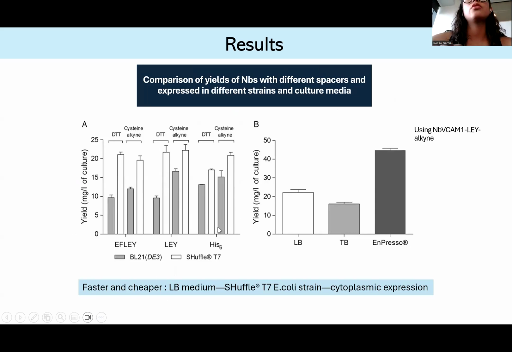And they chose to do the different media with the LAY spacer, but as you can see, the highest yield is with the Overnight Express media, but in terms of cost and time, the authors conclude that it's better to use the LB because it's cheaper and faster, even though it has a lower yield.